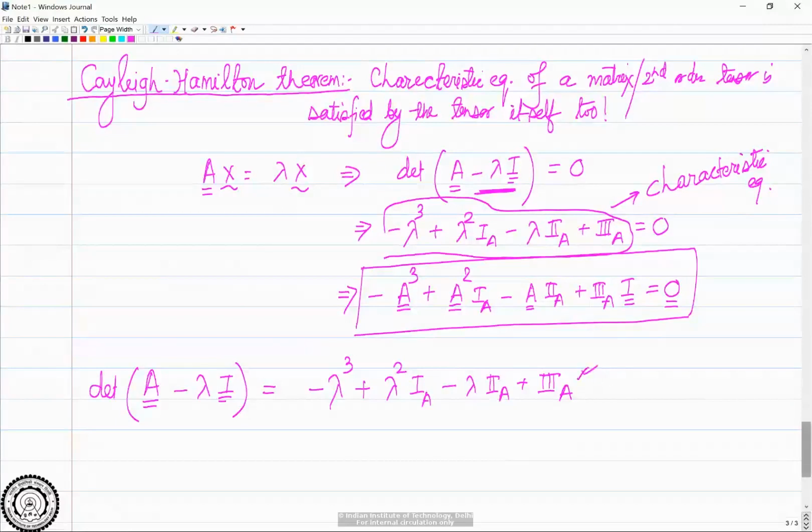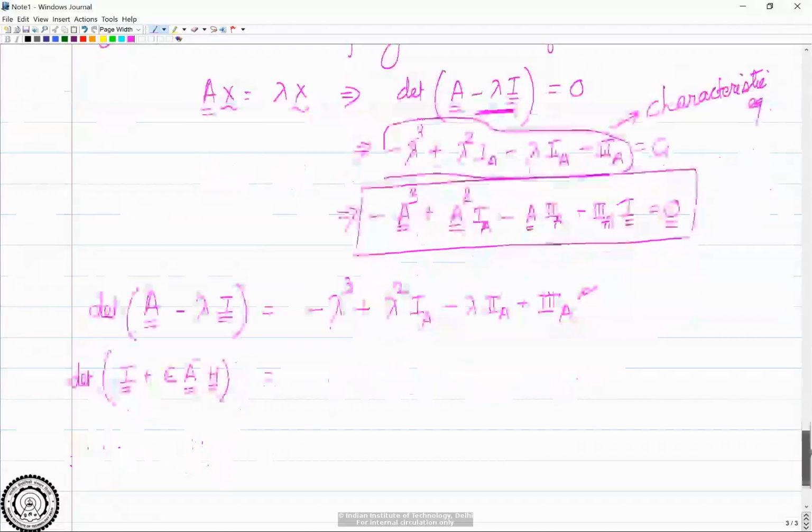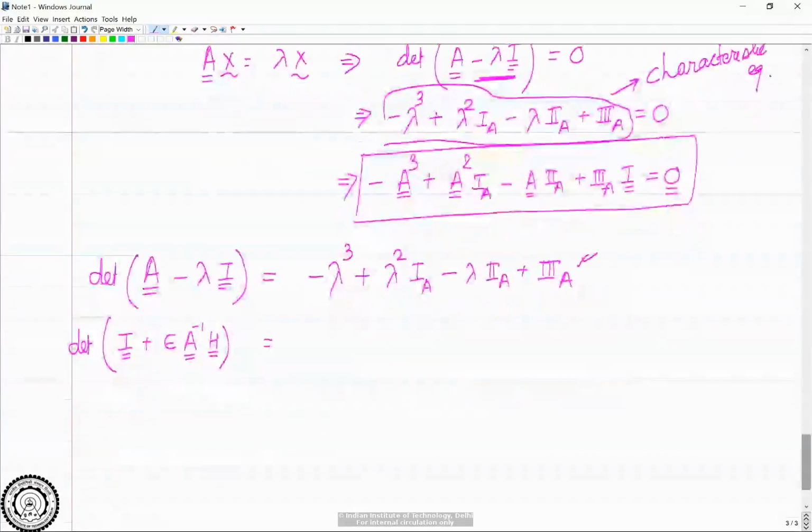Now you see what we wanted was the determinant of identity plus epsilon A inverse H. Isn't it? This is what we wanted. Correct?